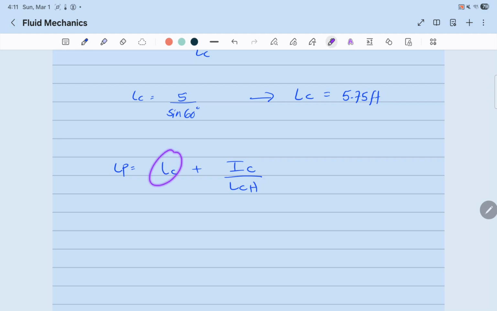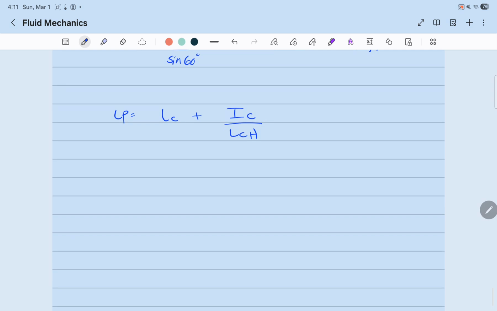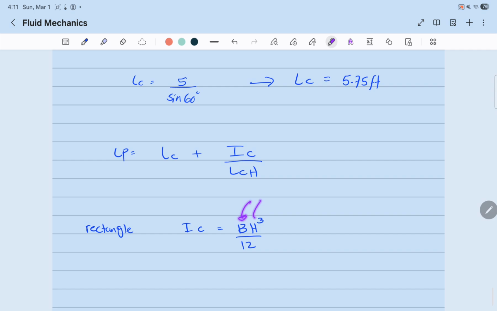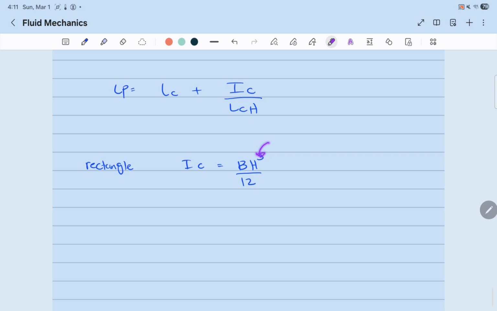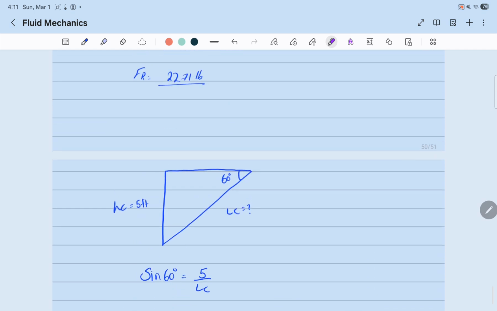Now we have LC, we have A. The unknown is the moment of inertia, and the moment of inertia depends on the shape. Since we're working with a rectangle, therefore moment of inertia will equal BH cubed over 12. Now it's very important not to mix the base with the height. I know it's easy to do so, but since the height is cubed, it will affect the calculations.